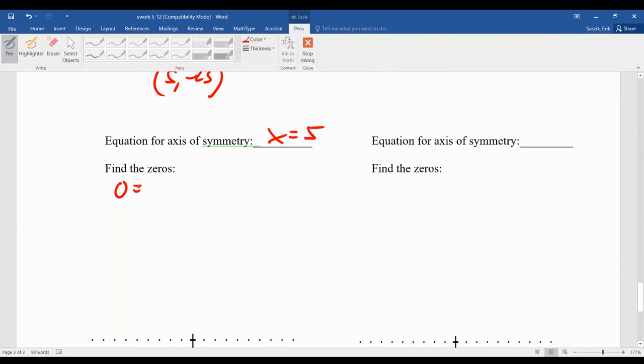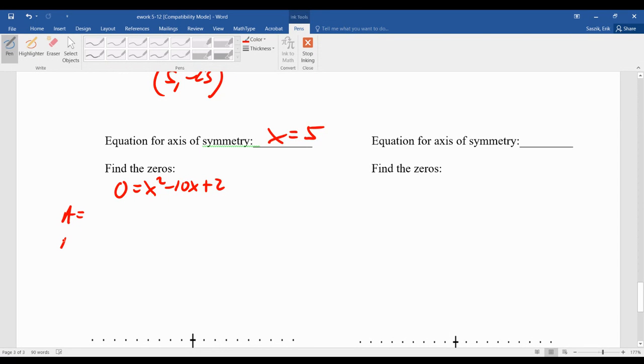Now this one here, x squared minus 10x plus 2, there is no way this one's going to factor. There are no factor pairs of 2 that are going to give you that negative 10 in the middle with a leading coefficient of 1.